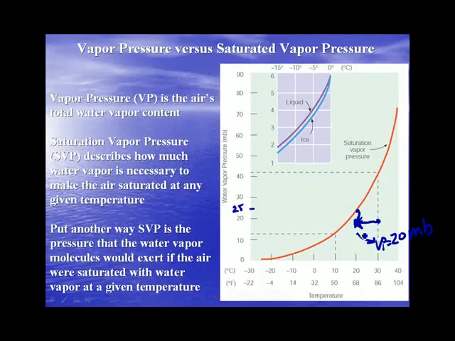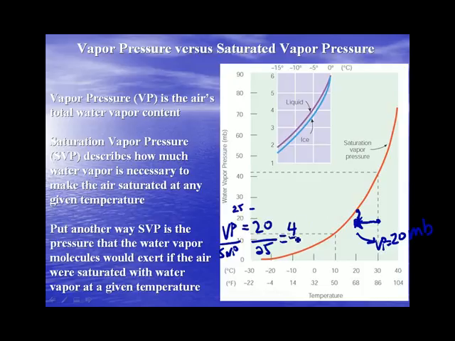So this same air parcel, we haven't changed the moisture content because it's still 20 millibars as it was when it was 30, but we've just changed the saturation vapor pressure. In other words, it becomes saturated as we begin to get cooler. So now our relative humidity, vapor pressure, which is 20, over saturation vapor pressure at our new temperature of 20, is now 25.